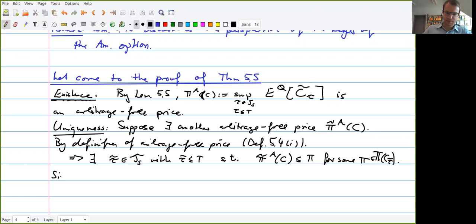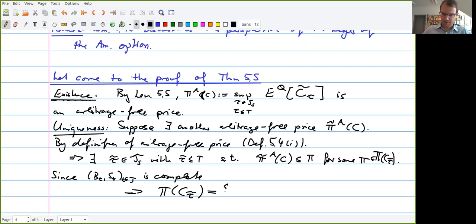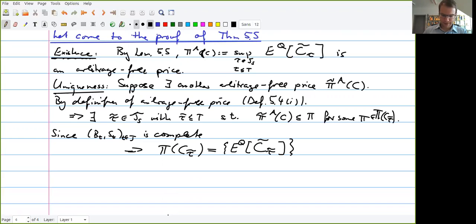But now, since the market here is complete, and of course arbitrage free, we know that this set of arbitrage-free prices of Z stopped at time tau tilde is just given by the singleton, given by the conditional expectation under Q, our unique martingale measure, of this claim. So what does it mean?